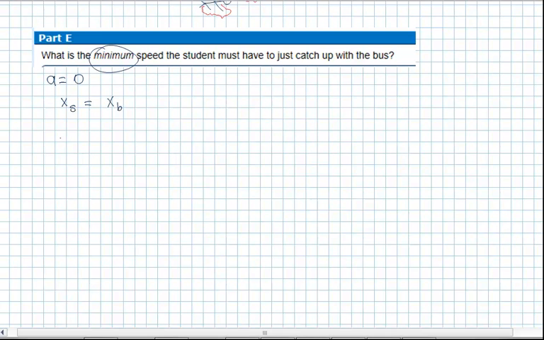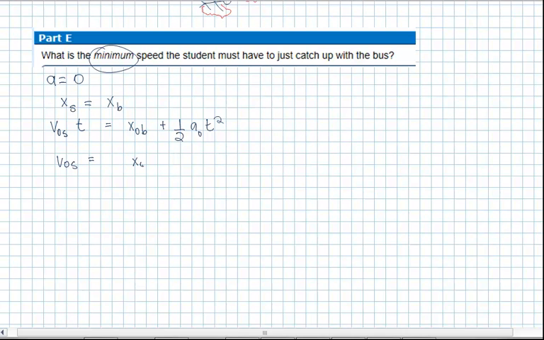Susie's final position is given by Susie's initial velocity times time, and we learned in the other exercises that the bus's final position is its initial position plus 1/2 its acceleration times t squared.